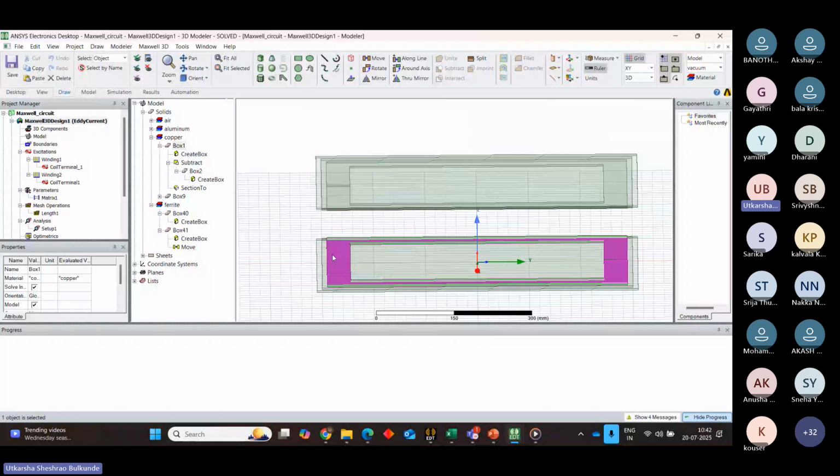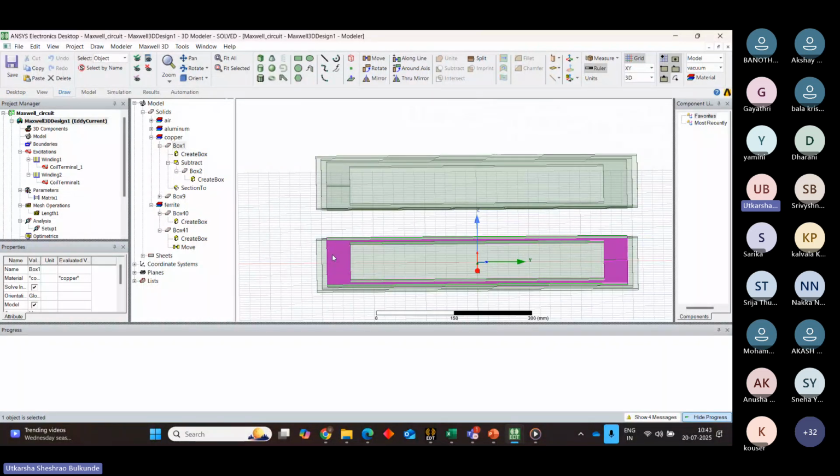Example, if I parameterize the dimension of a rectangular coil. In the starting, my coil is 400 mm. According to that, I have placed my ferrite and aluminum. Say the size of my ferrite is 420 mm, and my aluminum is 440 mm, because you need it larger than your coil.